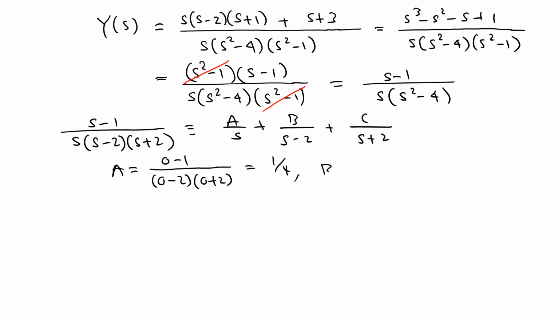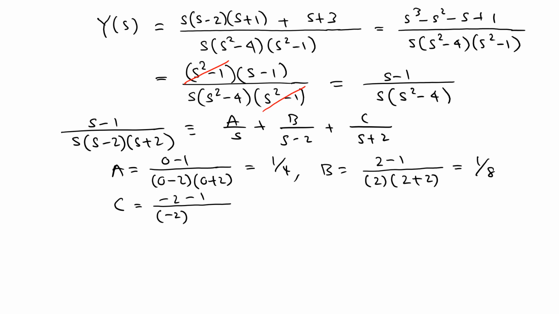And then we can go for B. We substitute 2 for s. So it is (2 minus 1) over 2 times (2 plus 2), which is 1/8. And then C, where s is negative 2: negative 3 over (negative 2 times negative 4), which is negative 3/8.